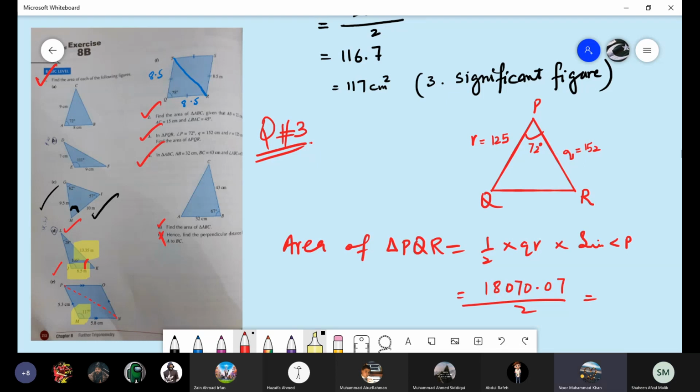Ma'am, 9035.04. Is it the exact answer? What about the rest of the students? Ma'am, yes, same answer. Ma'am, but the answer at the back of the book is 940. Do it again. Maybe you are making some mistake in the calculation.